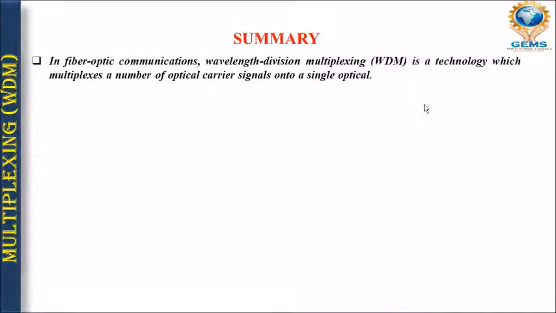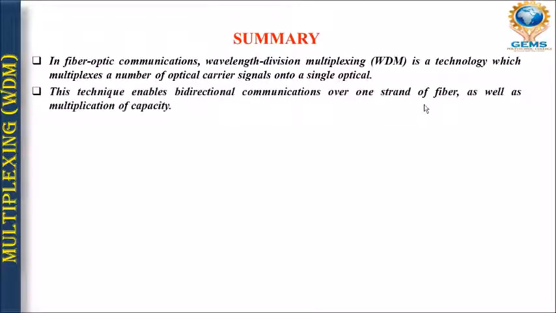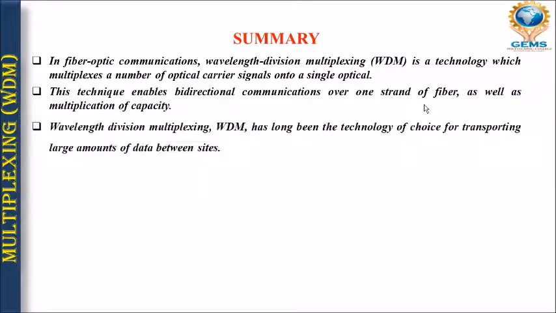Okay, let's talk about the summary. What have we studied so far? In fiber optics communication, we use WDM technology, which multiplexes a number of optical carrier signals into a single optical fiber. It is used for bidirectional communication, meaning from source to destination or from destination to source. WDM has long been the technology of choice for transporting large amounts of data.